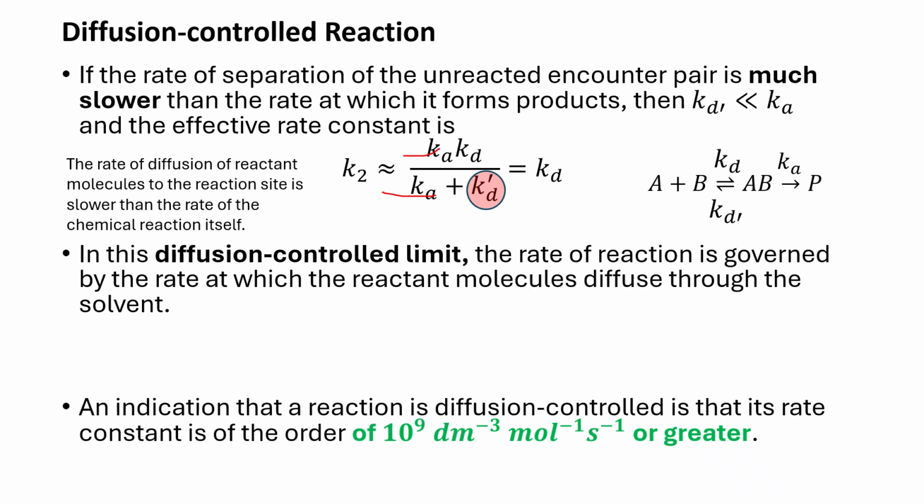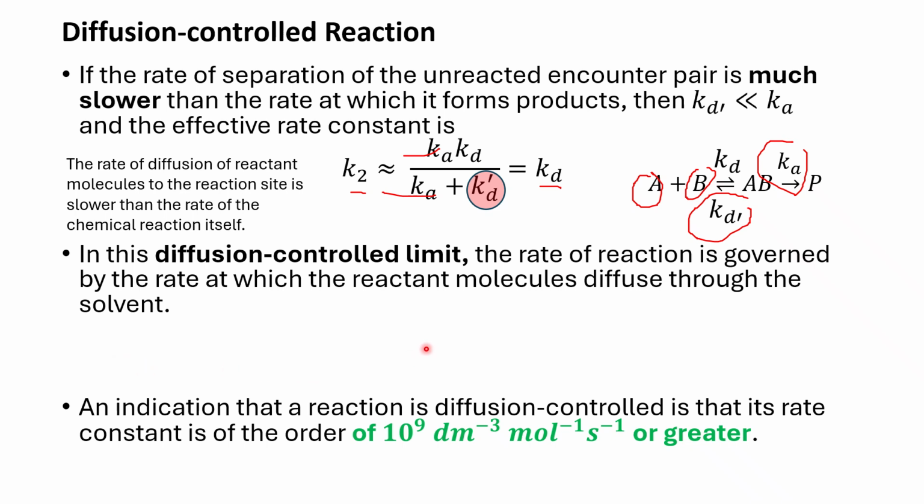This means that if Kd prime is very small compared to Ka, then the reaction rate will depend on Kd, which is how fast reactant A can meet reactant B. So in this diffusion control limit, the rate of the reaction is governed by the rate at which the reactant molecules diffuse through the solvent.